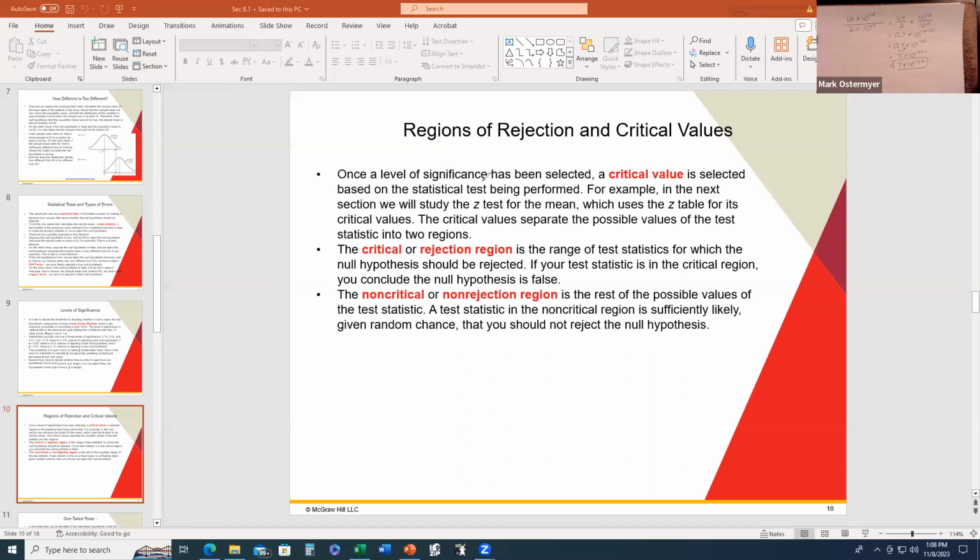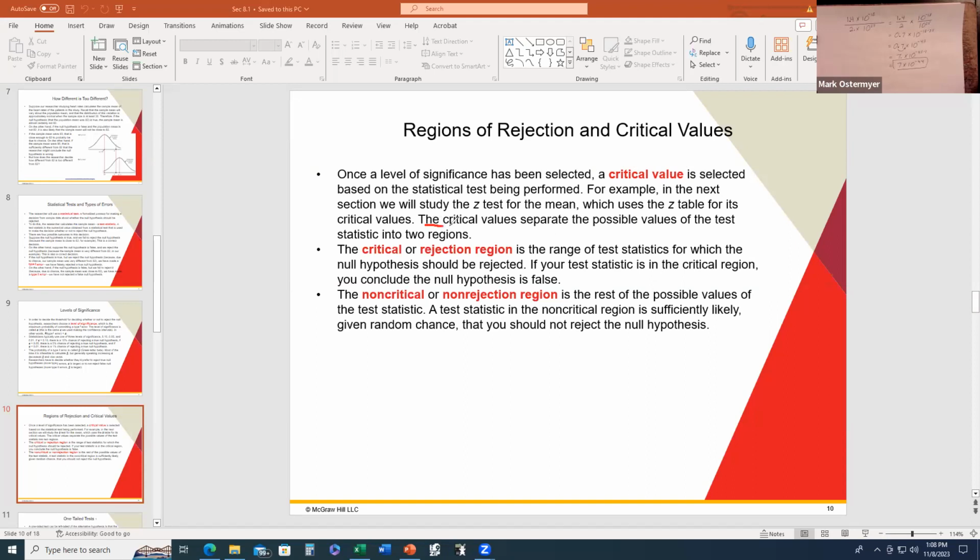So once a level of significance has been selected, a critical value is then computed, depending upon what distribution we use. If we use our normal distribution, we use the inverse norm function on our calculator to find the critical z value. If we use the student t distribution, we have to use the inverse t function or the t table in the back of your book to find what your critical t values are.